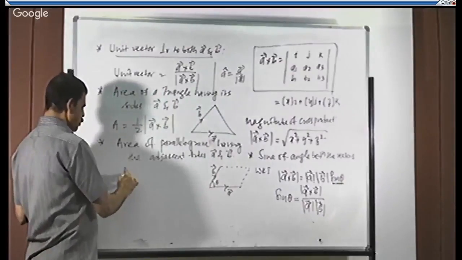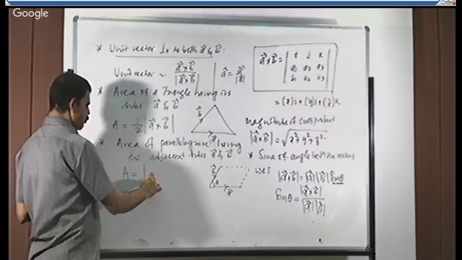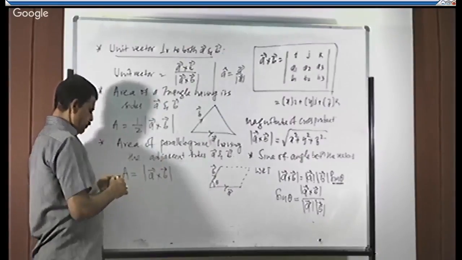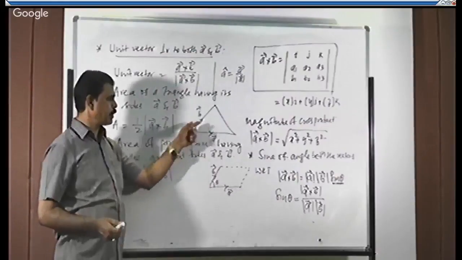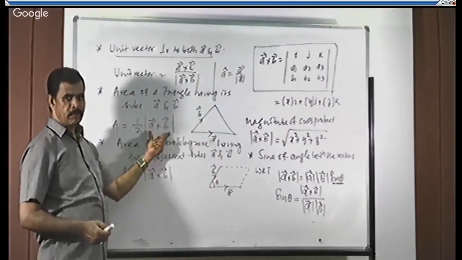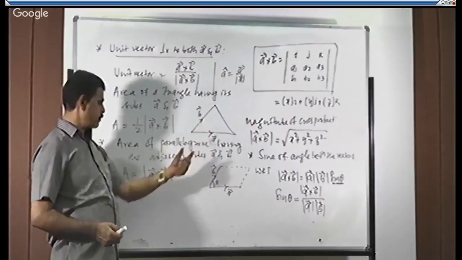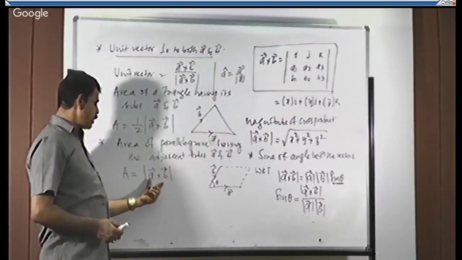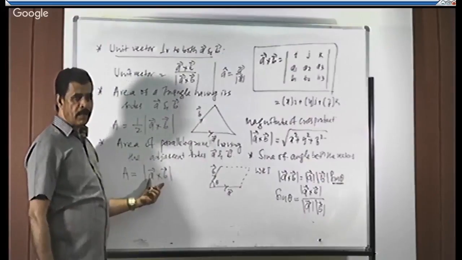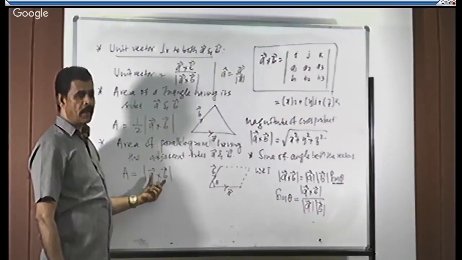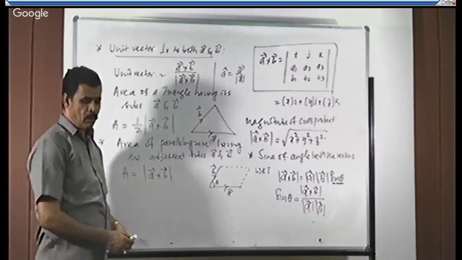So the area of a parallelogram is always equal to the magnitude of A cross B. For a triangle, it is half of the magnitude of A cross B, where A and B are the two sides. In the case of a parallelogram, it is only the magnitude of A cross B, where A and B are the two adjacent sides of the parallelogram.